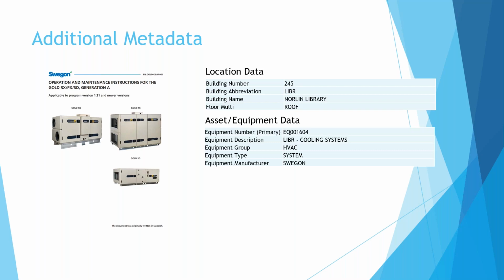So equipment numbers, which can be a multiple property field. Usually you don't have the same equipment number, but you can have multiples to one operations and maintenance manual because you probably have 4 of these pieces of equipment maybe on the roof. So you can tag all 4 of those pieces of equipment to this data.